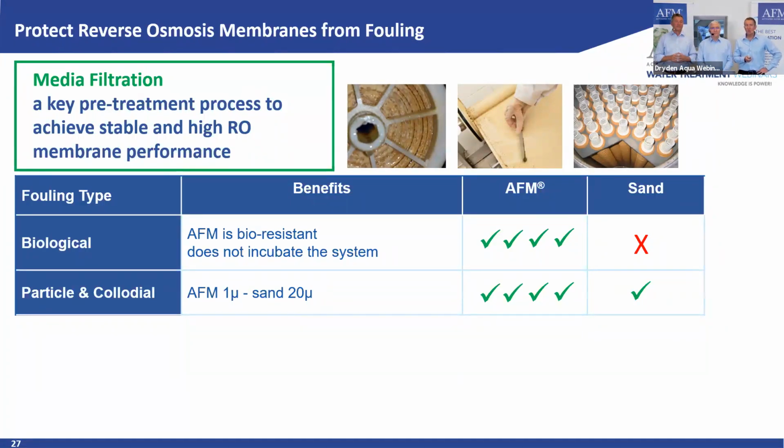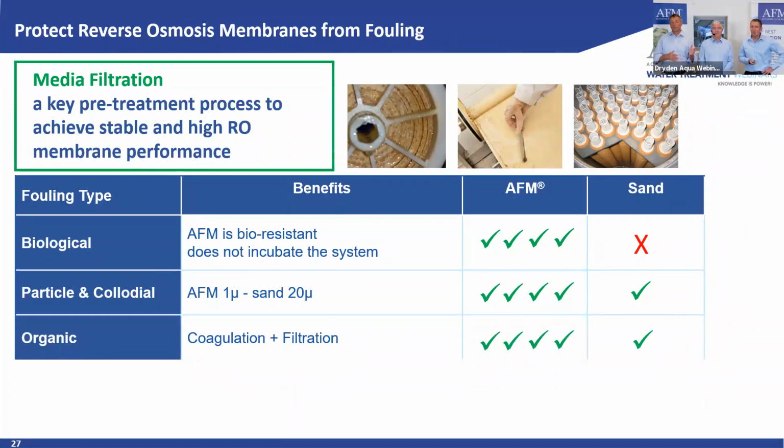Then for particulate and colloidal fouling, there are also significant differences: AFM at 1 micron and best sand at 20, and only if it's fresh. When it's channeled, this difference becomes a lot bigger. And this is where you get into problems: if you work together with coagulation and have a channeled filter bed, it will pass your filter. There's no chance to hold it back. Here you have with AFM a much more reliable, robust situation.